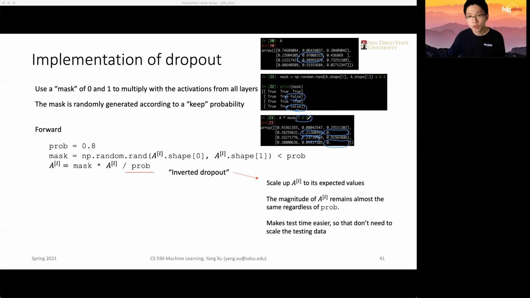The more you drop out, say if I use 0.2 here, which means I only keep 20% of the activations, then dividing by 0.2 means multiplying by 5, which is a very large increase. So this is a very dynamic change of the magnitudes. Yeah, it's basically the total magnitude of the entire array. Yes, that's true.